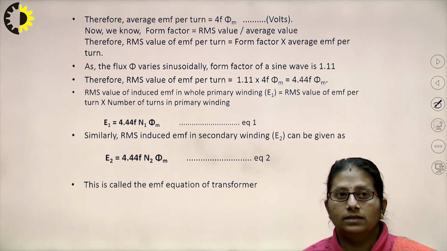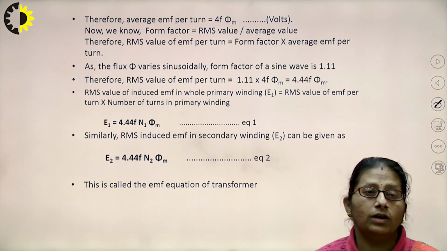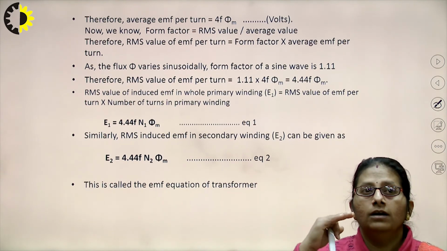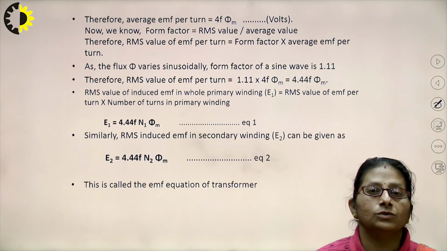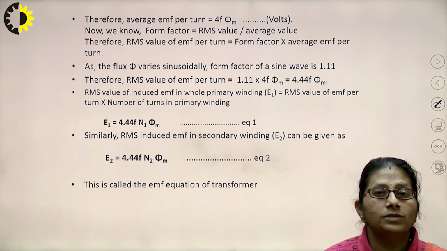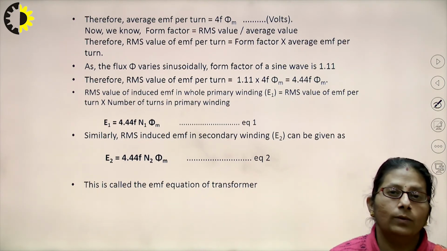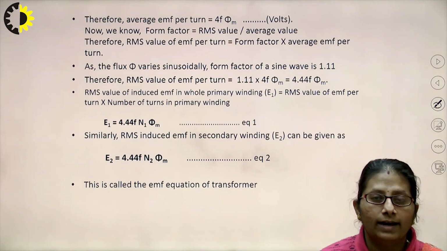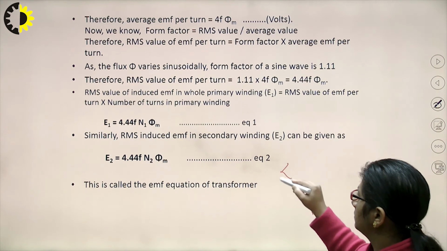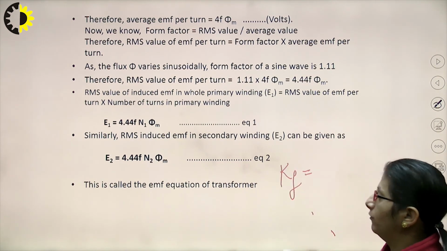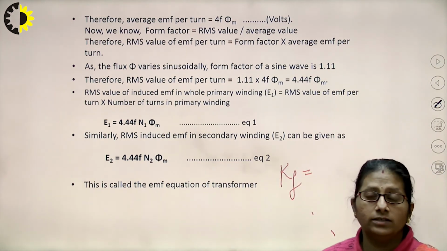Now, because it is AC being induced, we want the RMS value, so a factor has to be introduced: the factor relating the RMS value and the average value, which is the form factor, Kf.